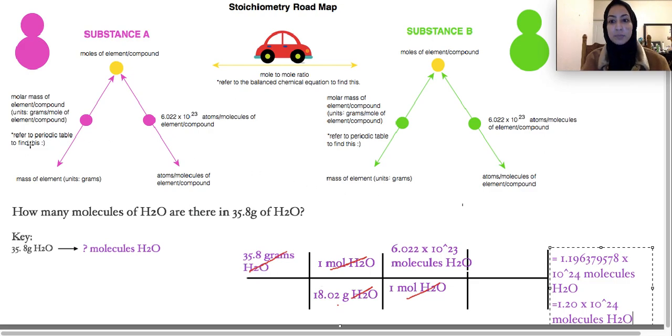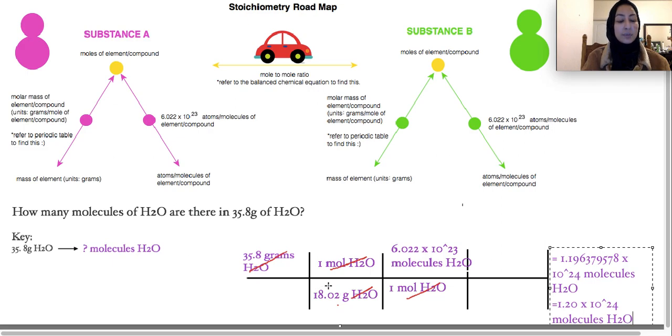Okay, so I simply followed my roadmap. I started with grams, 35.8 grams of H2O. My units here always need to cancel with my units diagonally. So I put down grams of H2O, and I went ahead and moved up to see what I needed to put exactly in front of the grams of H2O. And that tells me I need to find the molar mass.